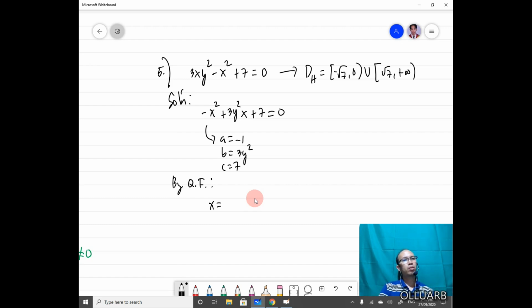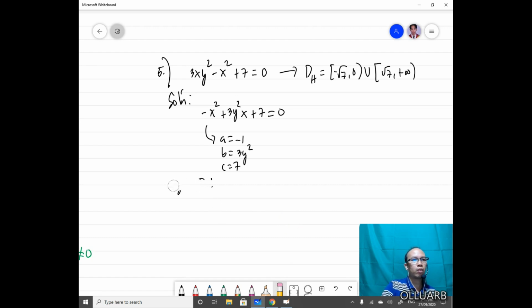y in terms of x, sorry, is it y in terms of x? For which x is well defined. Okay, sorry, so we are going to solve for y, so therefore this is easy. Okay, sorry.